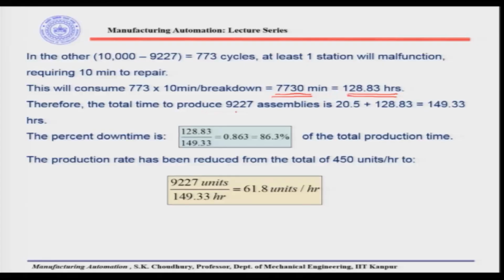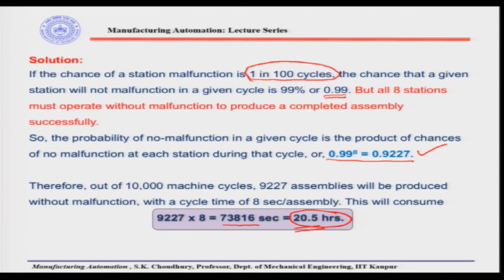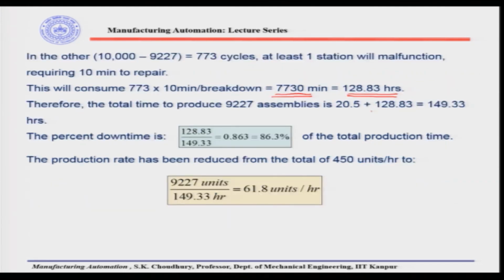So, the total time to produce 9,227 assemblies will be 20.5 hours plus 128.83 hours, so the total is 149.33 hours. Out of that, most of the time has gone to downtime. That means, when the machine is down, we have to repair it and rerun the machine.